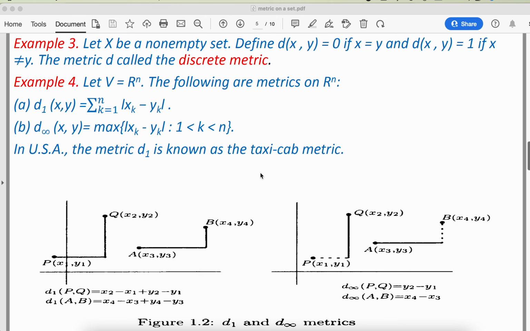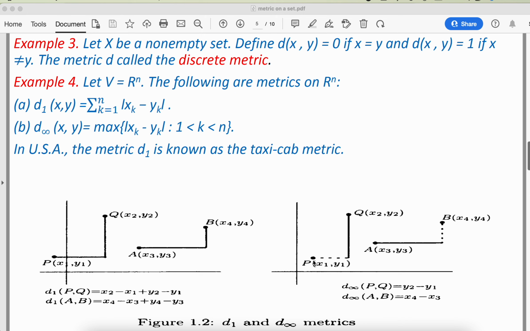Now with respect to the metric d infinity, the distance of P from Q is y2 minus y1, because here the metric is the maximum of modulus of xk minus yk, where k lies between 1 and n. And in this metric, the distance of A from B is x4 minus x3, because we have to consider the maximum of xk minus yk.